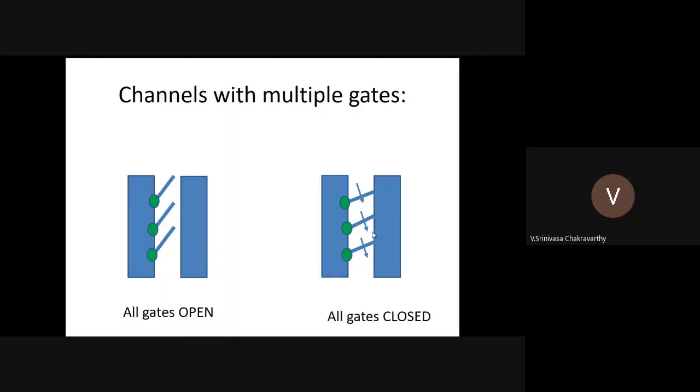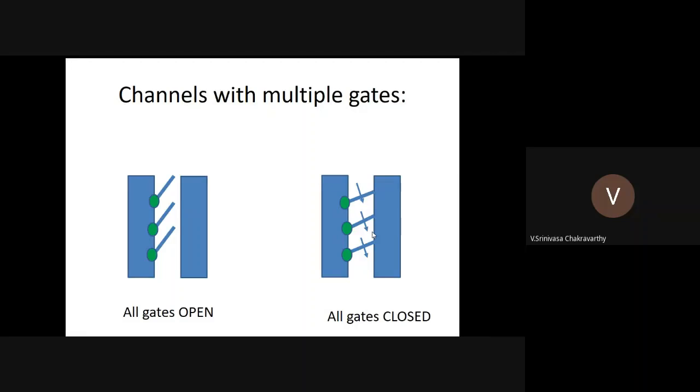So the idea is, a channel is basically a protein. If there is a passage for ions going from one side to another, then you say the channel is open. Under certain conditions, the protein changes its shape, what is called a conformational change. If the change is such that the passage is closed, then you say the channel is closed.